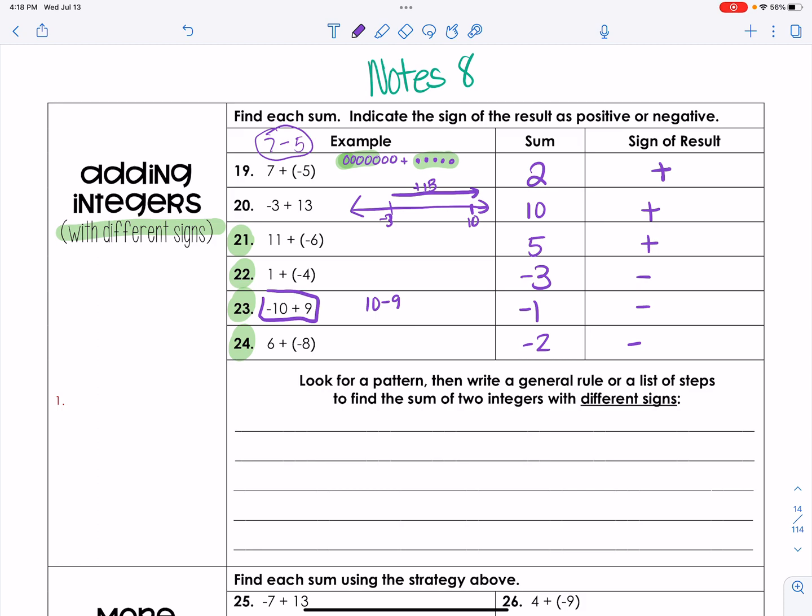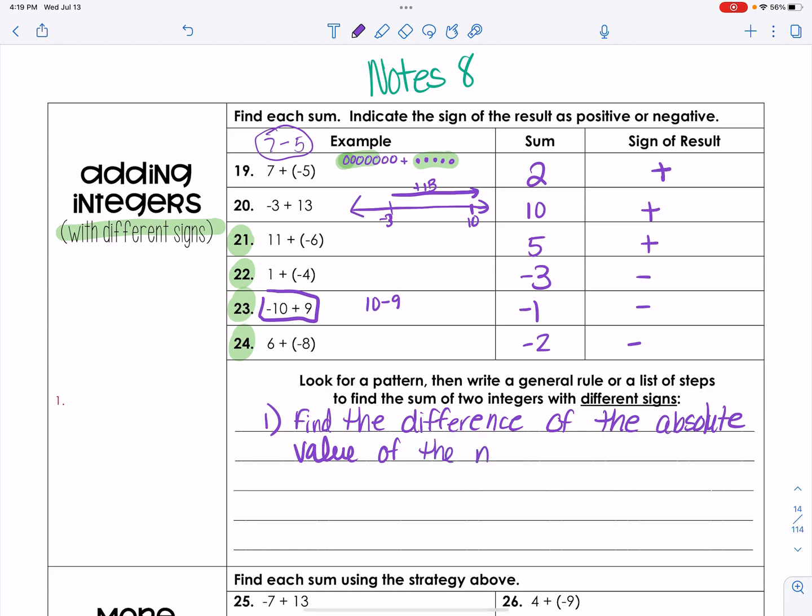My steps would be to find the difference of the absolute values. You're going to make them positive, just look at the numbers themselves. You're basically just subtracting what the numbers are, ignoring their signs, and then you're keeping the sign of the larger number.